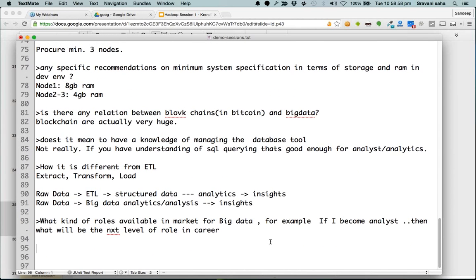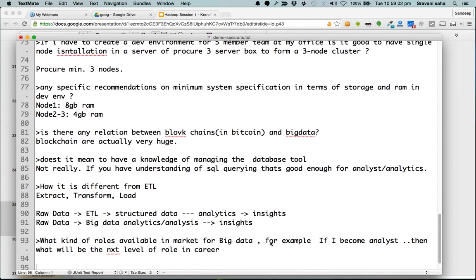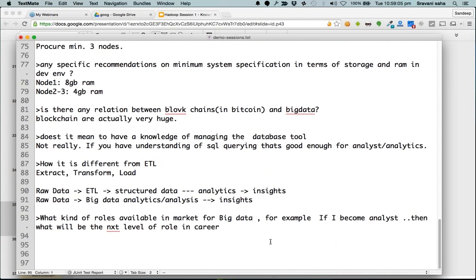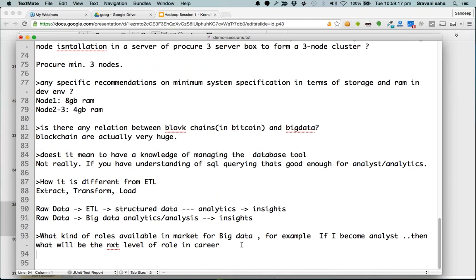There's a question from Sridhar. The question is, what kind of roles are available in the market for big data? For example, if I become an analyst, then what will be the next level of the role in the career? There are various levels in analytics because analytics is a very huge domain, and in analytics itself there is a full hierarchy of roles.